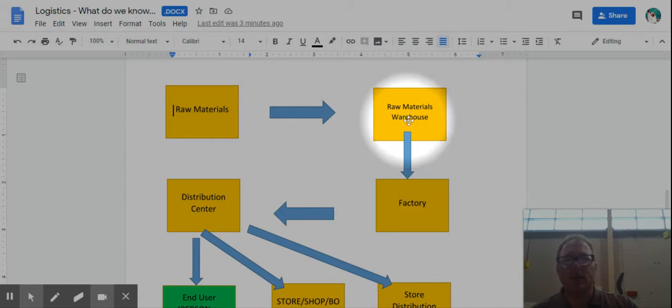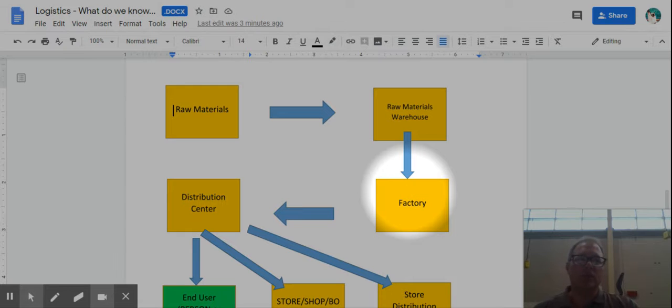Okay, so they'll accumulate these raw materials in their warehouses. They will then move the corn, the labels, the cans to the factory where it gets placed. Okay, at that point, you've got a finished product all of a sudden.